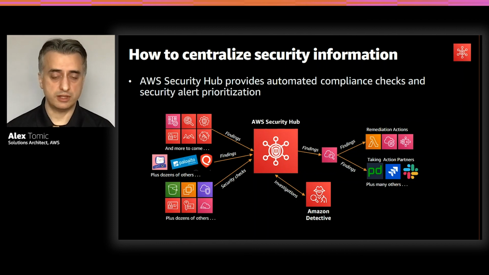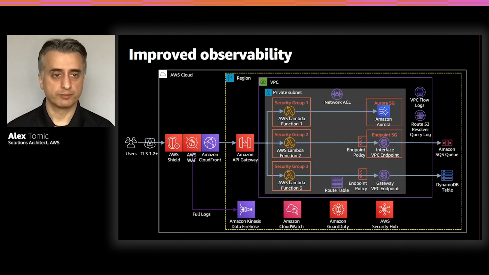And it's all done in a standardized AWS security finding format. Your security analyst can then review this data inside of Security Hub, and when needed, they can take additional action. So this is what our architecture looks like with greater observability at every layer, from perimeter to VPC network traffic, DNS logs, to threat detection, and even reporting.